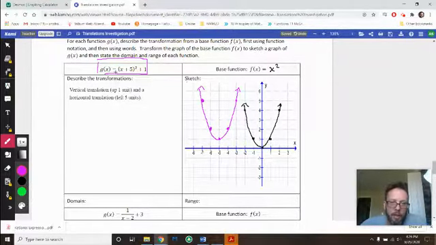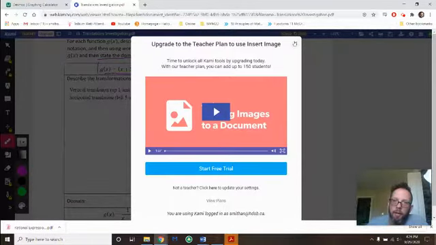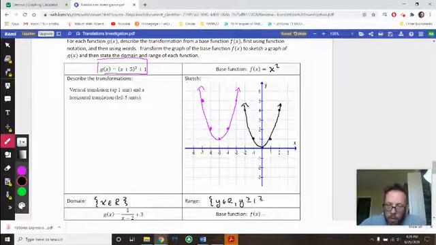And then after we have sketched it, what's the domain and range? What's the domain and range of this guy? Well, the pink function we drew is just a quadratic function, and you can plug anything you want into those. And the range, we can see by graphing it, is all the y values greater than or equal to 1.